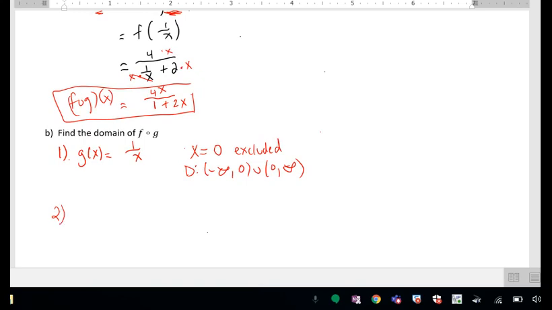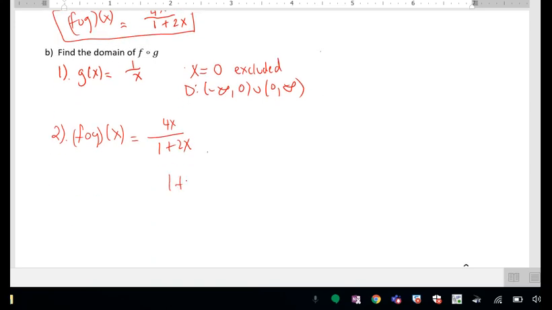Okay, and then step 2 is to actually look at your result for the composition itself. So we have 4x over 1 plus 2x. So we're going to set the denominator 1 plus 2x equal to 0. So if I subtract by 1, I get 2x equals negative 1.